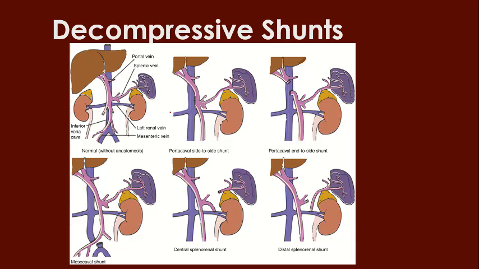But these shunts are associated with a higher incidence of hepatic encephalopathy and should be reserved for Child class A patients with recurrent bleeding despite adequate combination therapy. These shunts include total portal systemic shunting, partial portal systemic shunt, and selective shunt with devascularization procedures.